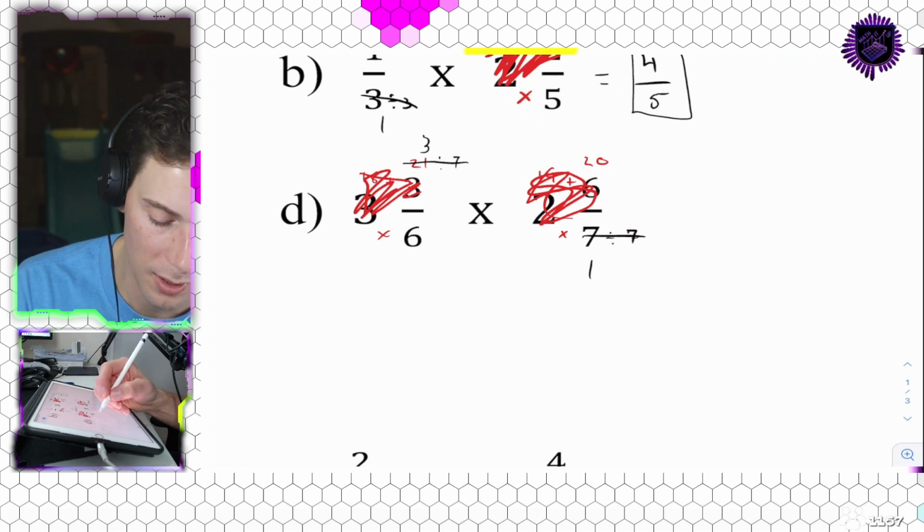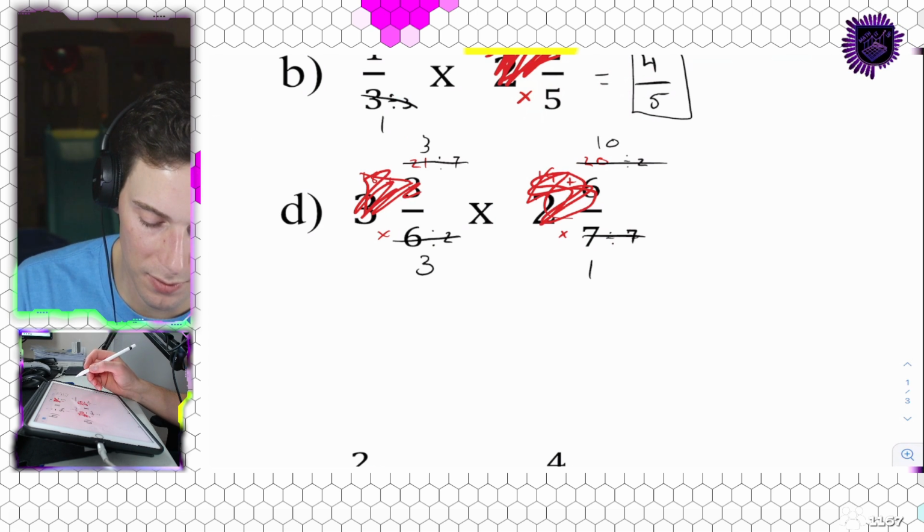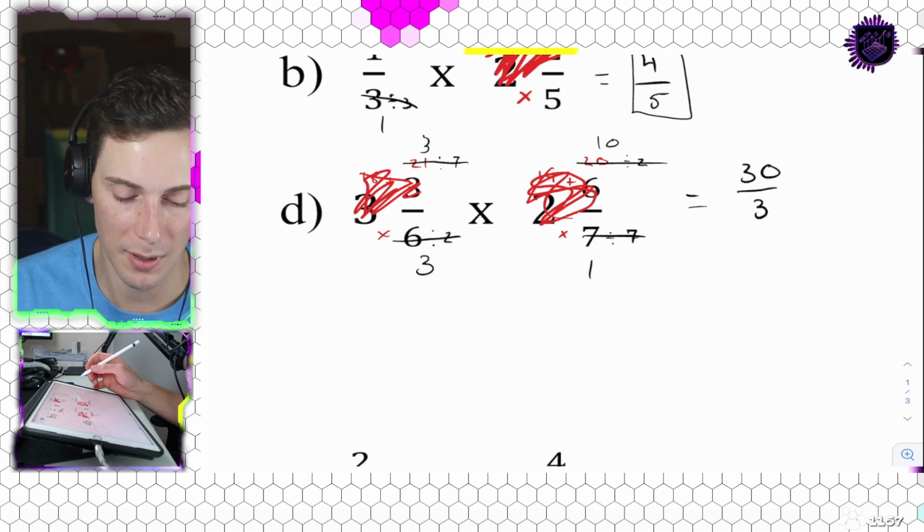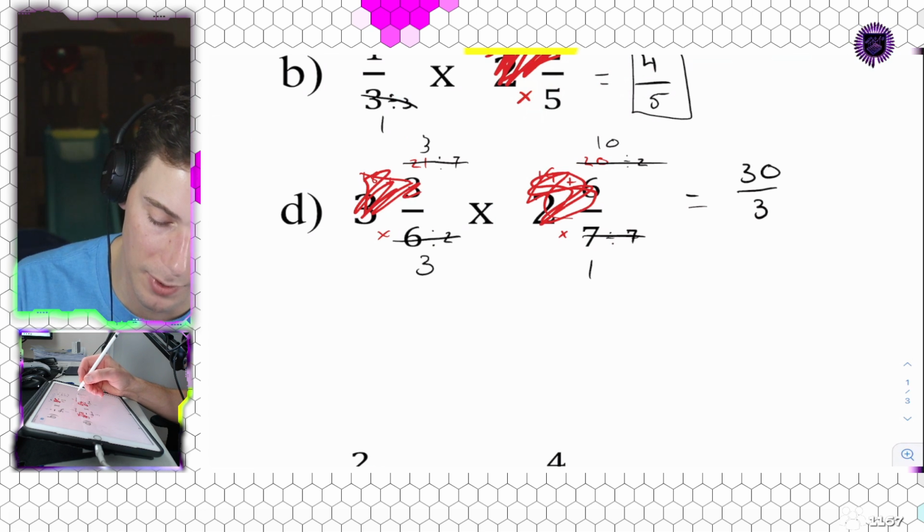Half the battle. The next two can both be divided by 2, which gives us 3 tenths. So our answer is going to be 30 thirds. Oh, I didn't simplify fully. 3 and 3 can be simplified, but now I can divide by 3.